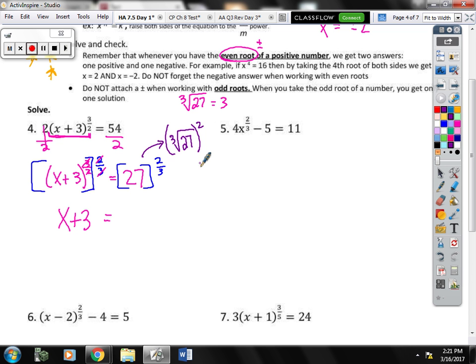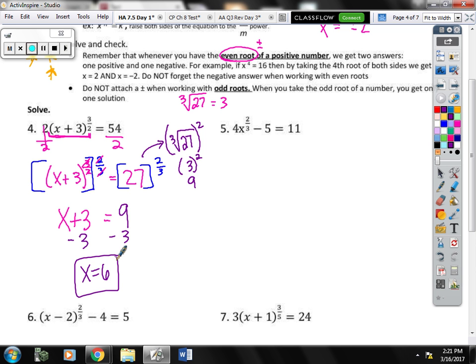So the cube root of 27 is just 3, because that's an odd root. And then 3 squared is 9. So I won't have a plus or minus with this one because it's simply odd. And then we solve for x. So subtract 3 and we get x equals 6.